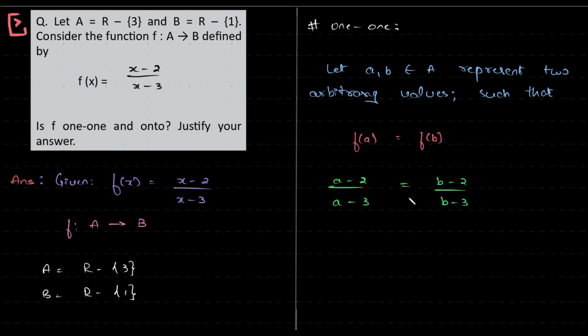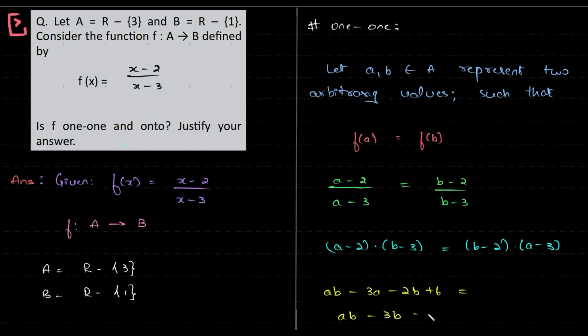So we can see the same expression. Obviously, it will result in a is equal to b, but we need to show the calculation. a minus 2 times b minus 3 is equal to b minus 2 times a minus 3. Further, we have ab minus 3a minus 2b plus 6 is equal to ab minus 3b minus 2a plus 6.